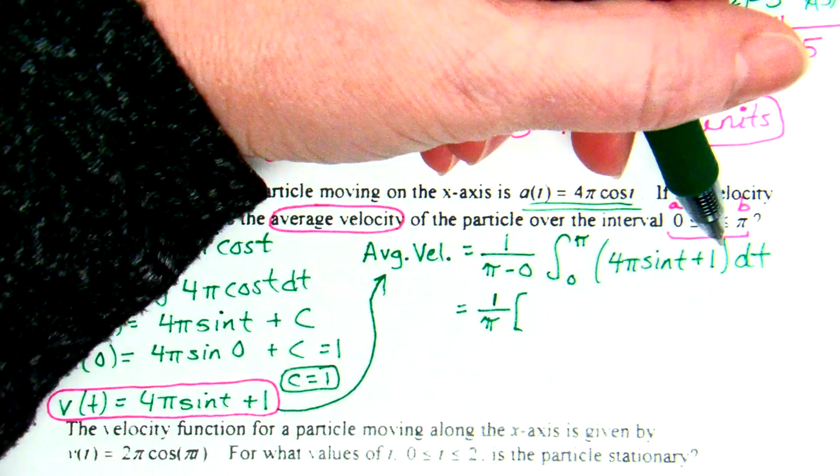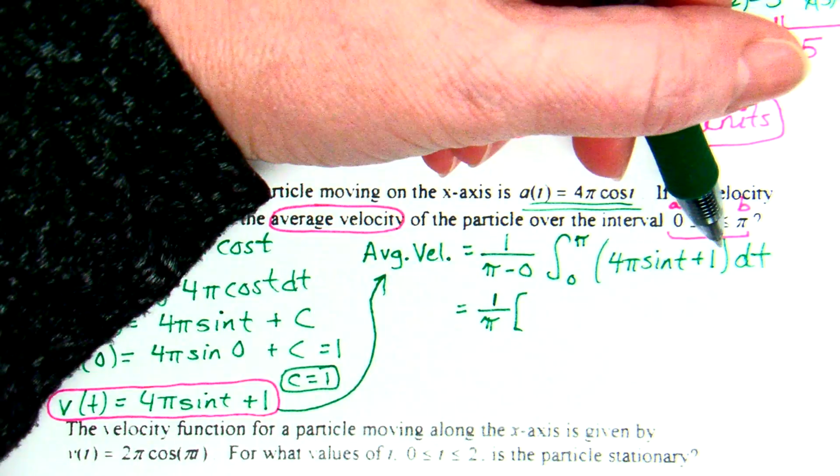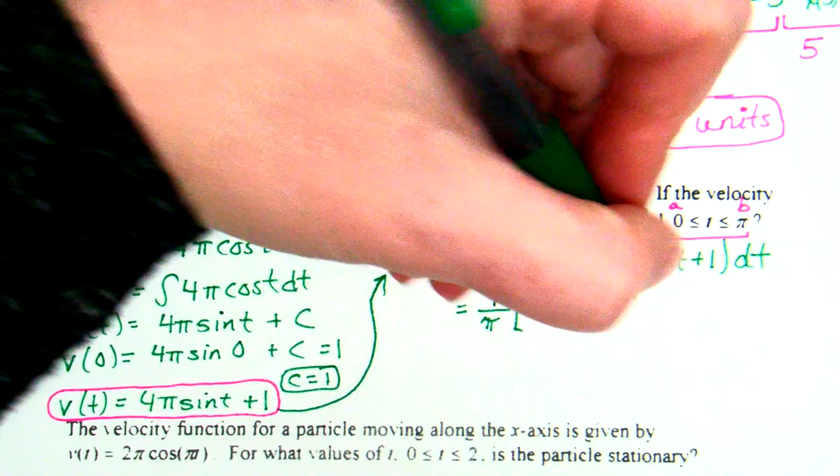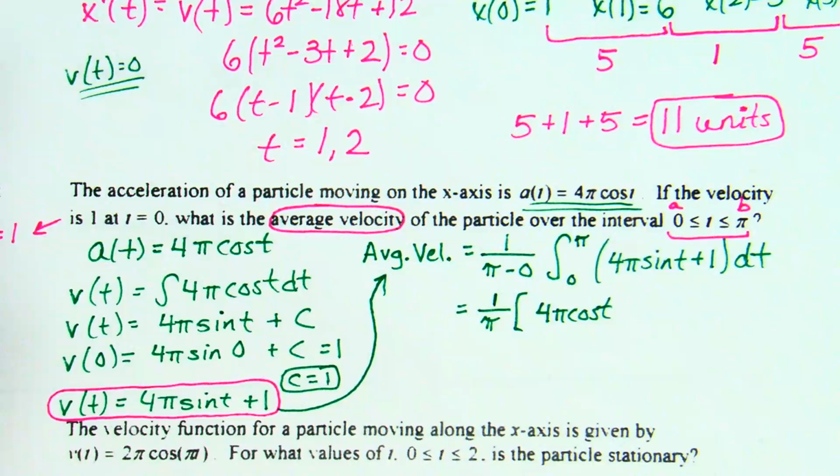It would be negative 4 pi cosine t plus t. Okay, tune in with me here.